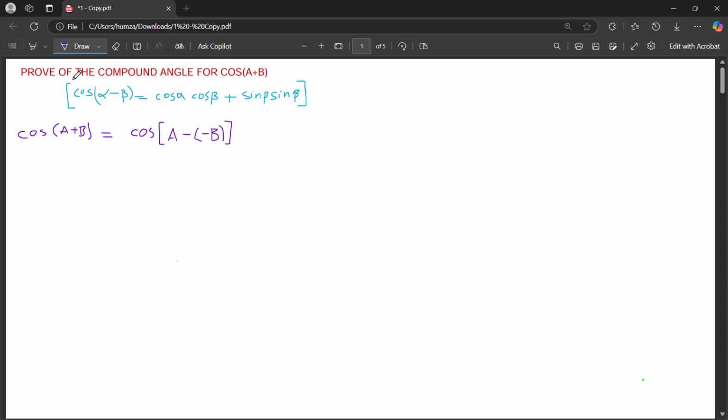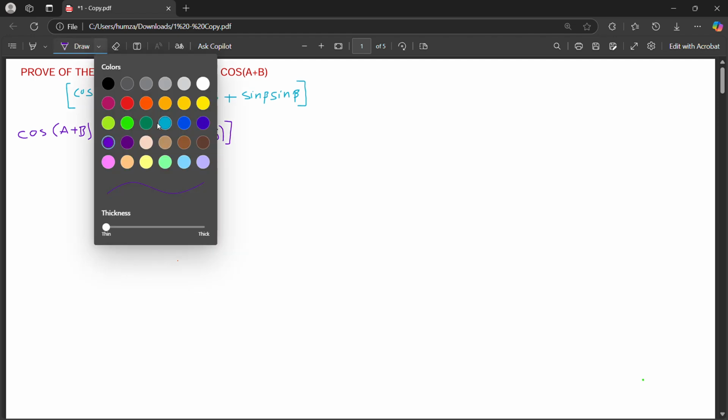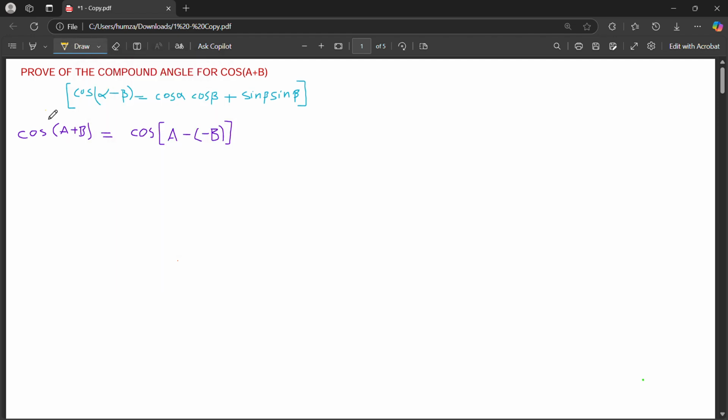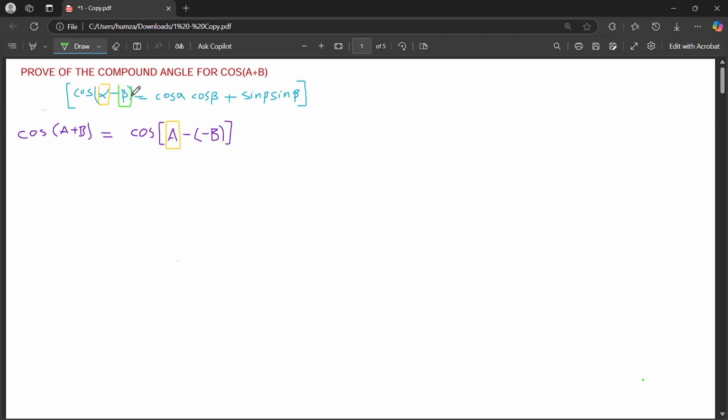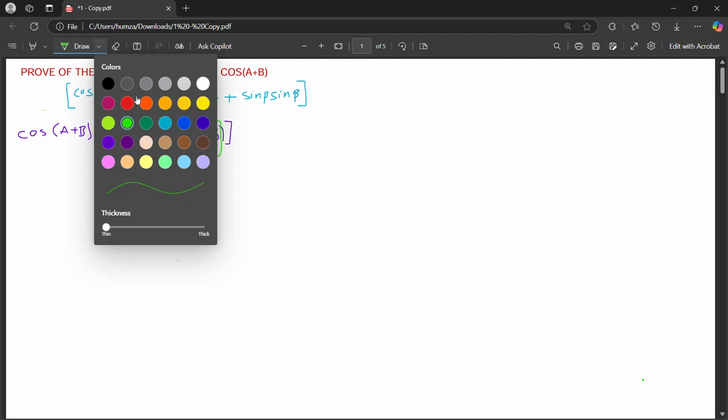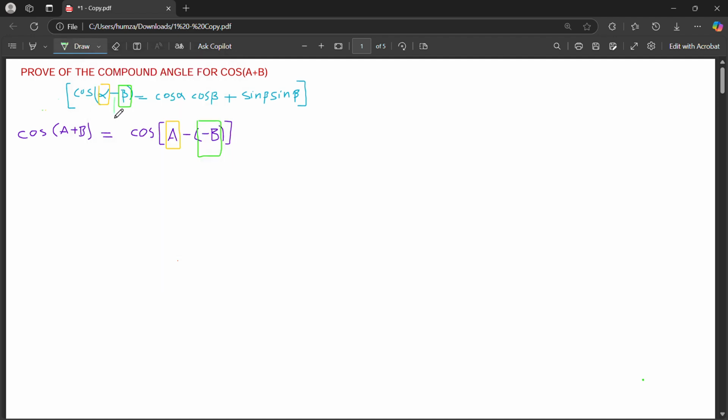Now we can use the same rule. So for example, if we look at the cos(alpha minus beta) closely, this alpha is the same as A here, then this beta, just changing the colors to make it easier for you to understand, is the same as this beta, and then we have this negative sign and we have this negative sign here.